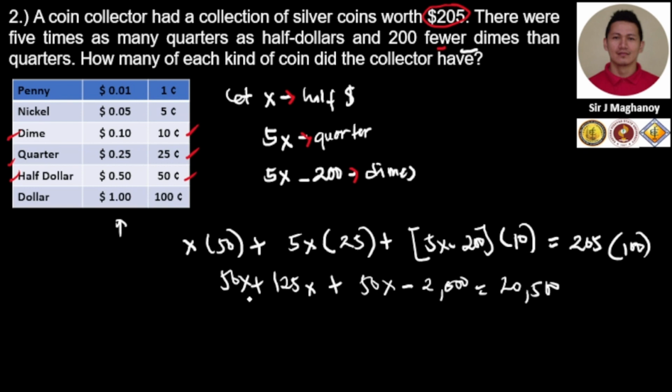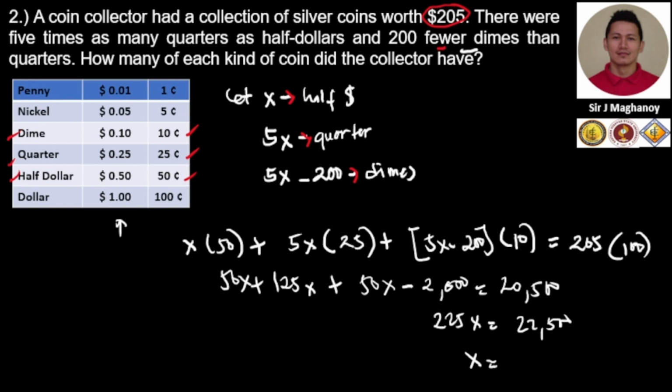Combining like terms, 50 and 125 and 50 become 205x. On the other side, transpose the 2,000 to the other side: 20,500 plus 2,000 becomes 22,500.